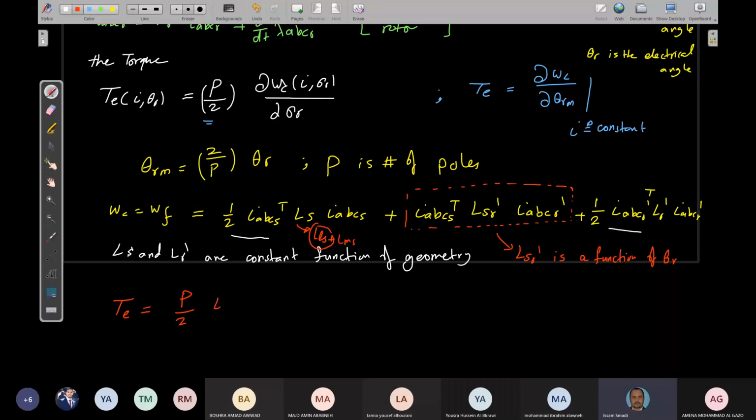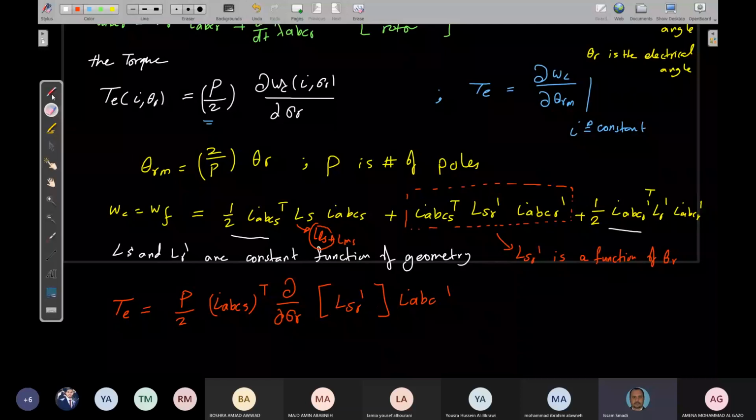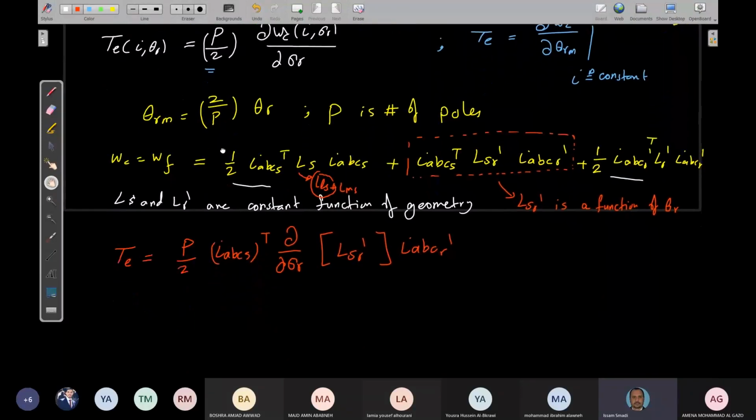So this will be i_ABCS transpose, partial by partial theta_r, of L_SR dash, i_ABCR dash. And I think last time we stopped here.